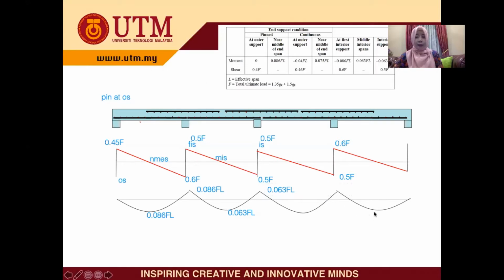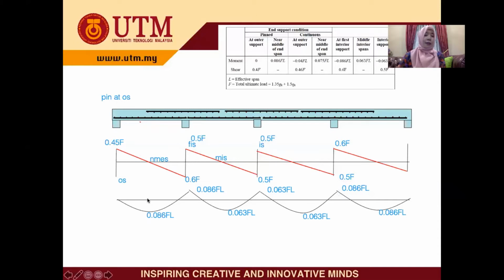Here 0.086FL, here again 0.086FL, then 0.063FL. Okay, that is the moment.